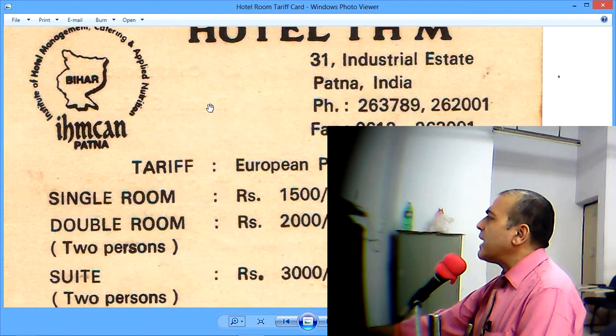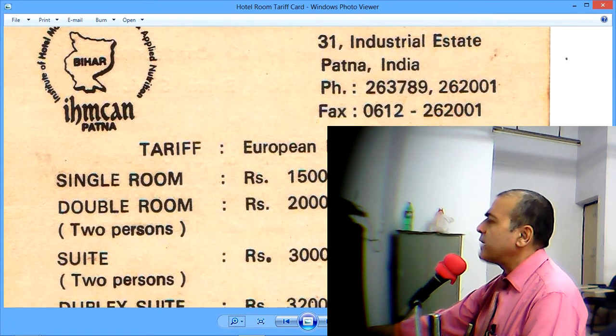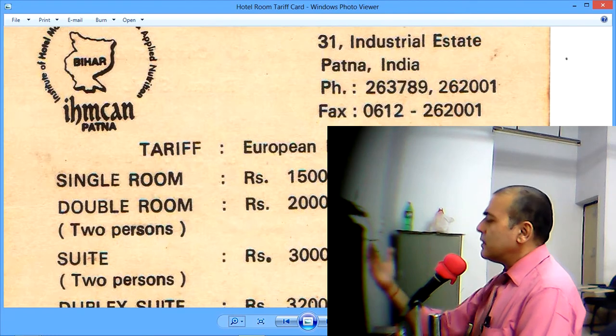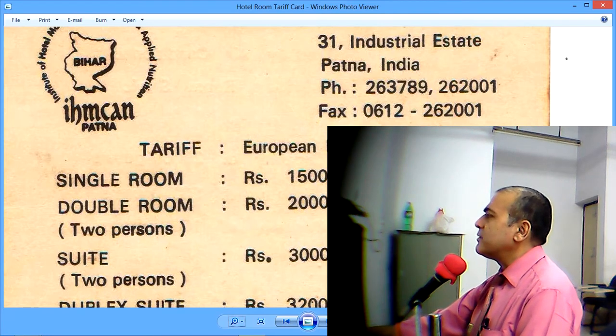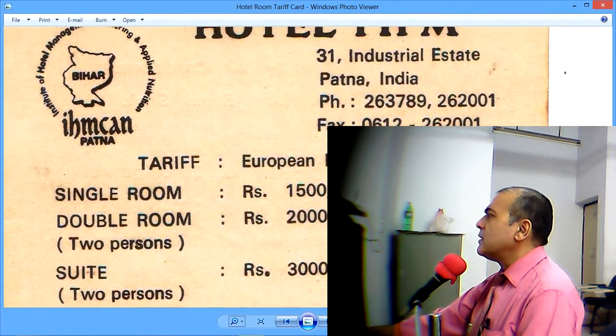This could be scanned and sent as an email as a marketing strategy. So we need to have the hotel's address, contact details, as well as fax number, so that if the guest finds these rates attractive, they can simply contact us immediately and get a reservation.